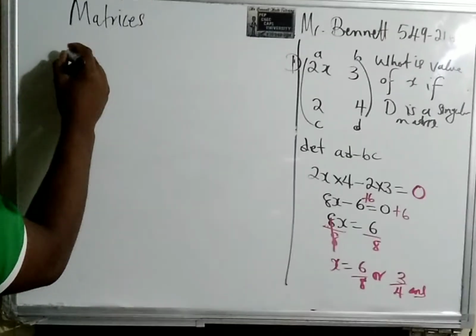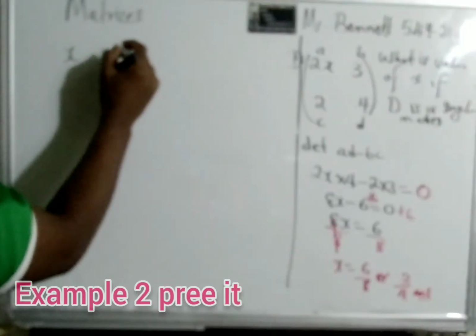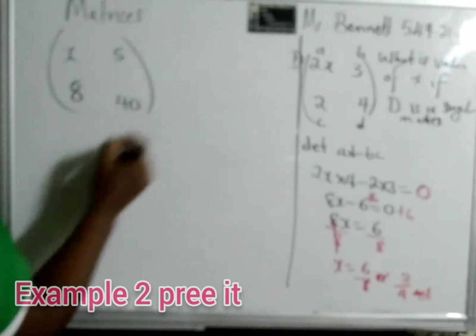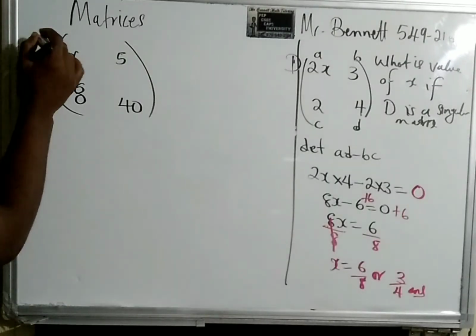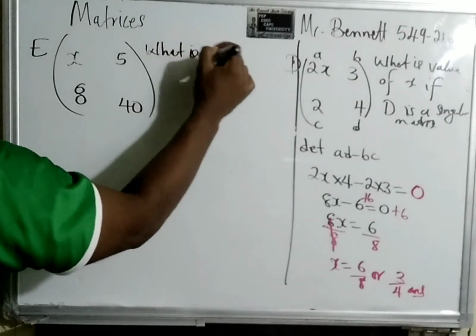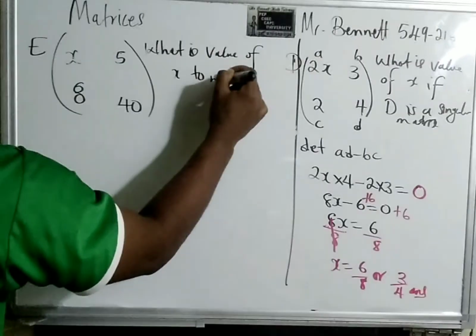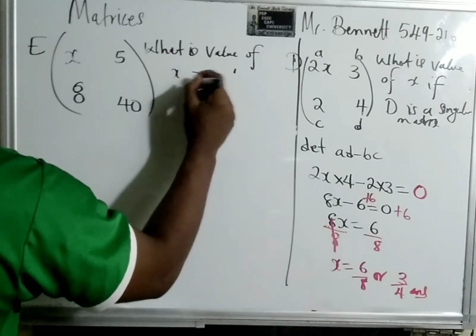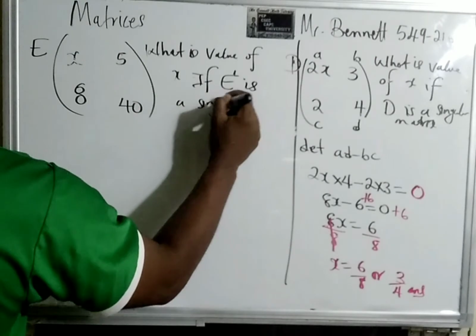Let us call this one E. What is the value of x to make E a singular matrix?